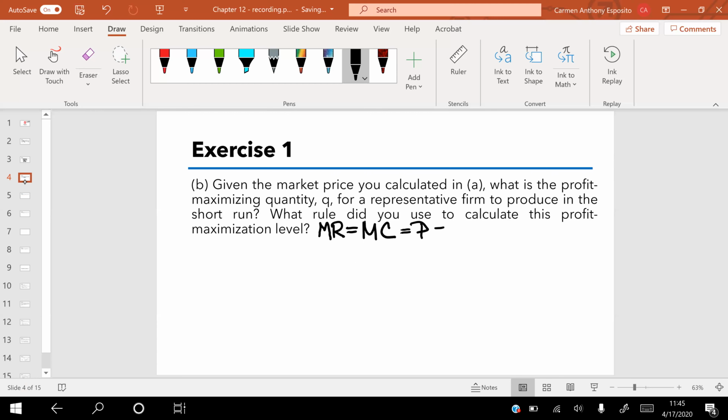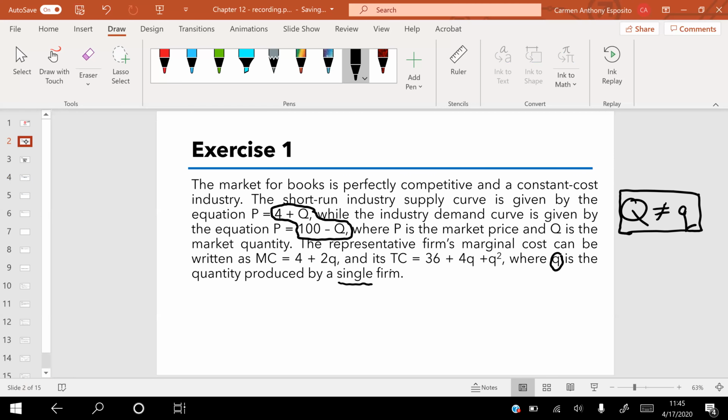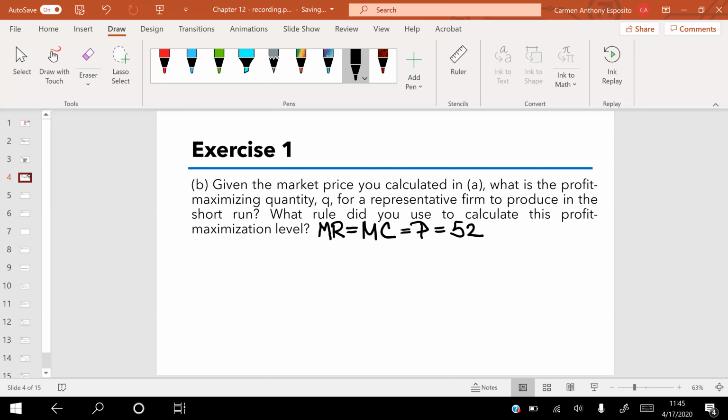Well, the price in this is $52. And if you recall, marginal cost is 4 plus 2q. So 4 plus 2q is equal to 52. Now we're talking about a single firm, so we need this little q.